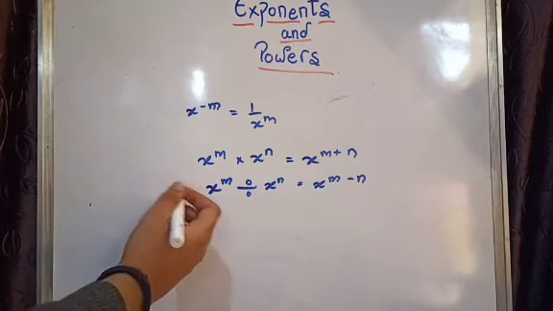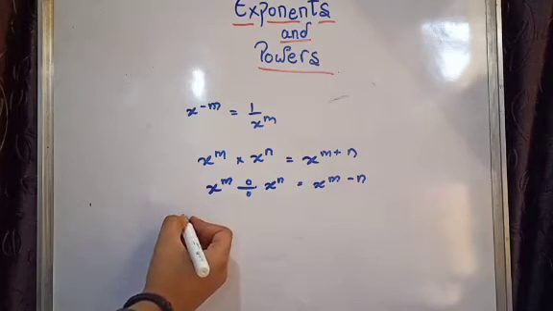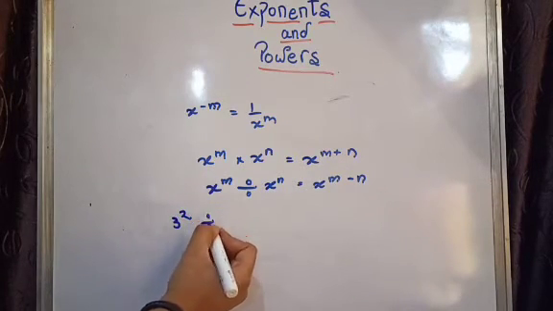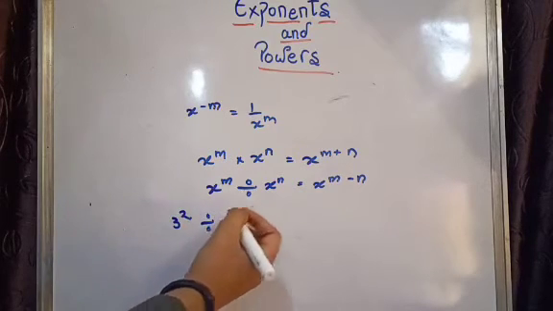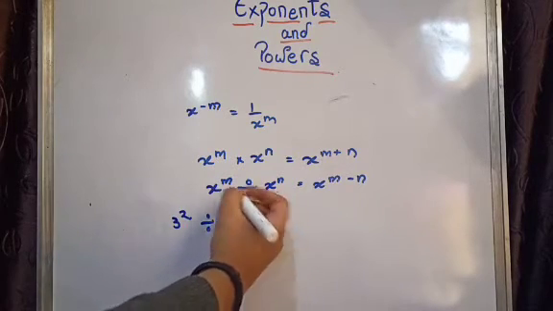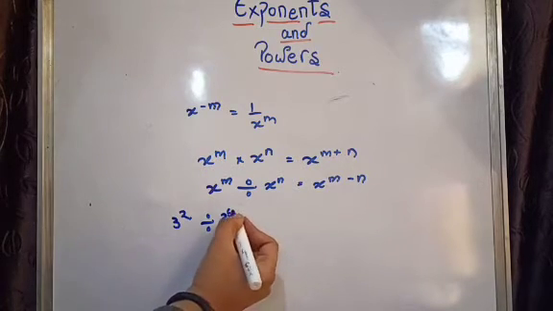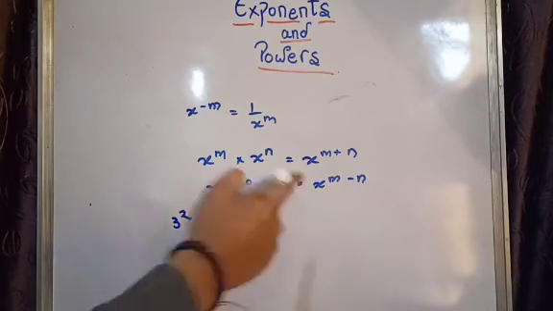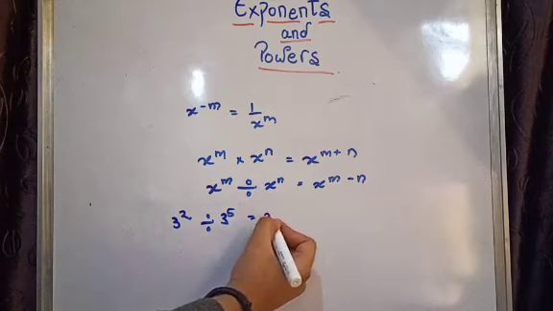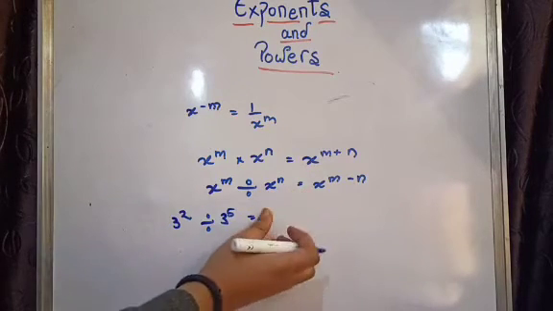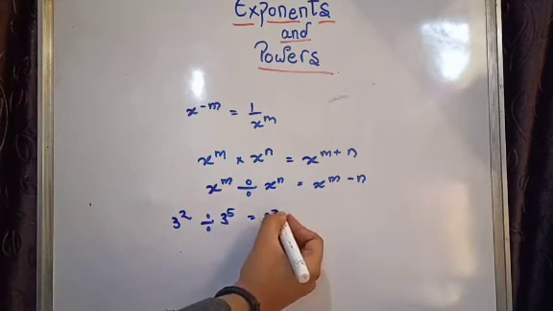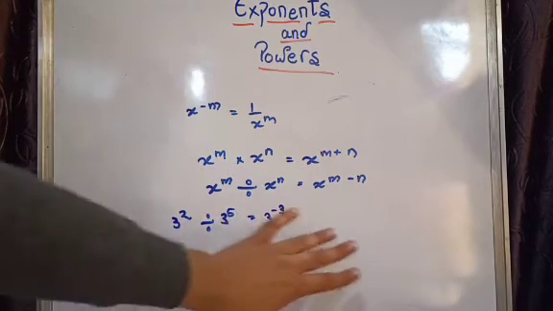We are taking the value of m as 2, divided by 3 to the power of n, with n equal to 5. It is written that it will result as 3 to the power of 2 minus 5, which means 3 to the power of minus 3, according to this formula.